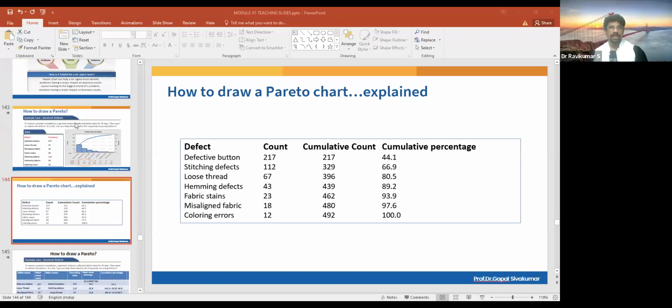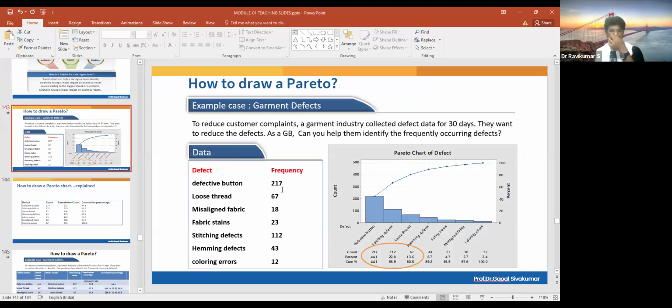This is the data which we collected, about the defective buttons, the loose threads and the misaligned fabric. Because of this, nearly 492 garments are rejected every month.